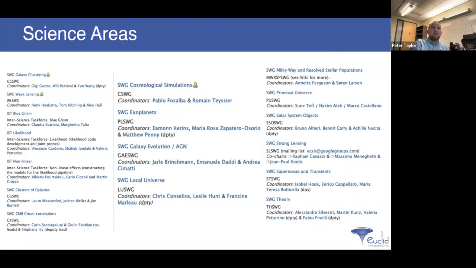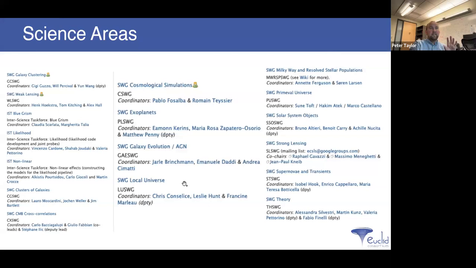And in addition to kind of our key science areas of galaxy clustering and weak lensing, we have a huge number of other science working groups, which in the Euclid lingo we refer to as SWIGs, and task forces, which in the Euclid lingo we refer to as ISTs, or Inter-Science Task Force, which are going to both build up our expertise to do those cosmological measurements, but also a lot of kind of general astrophysics, and even closer to home, things in our solar system.